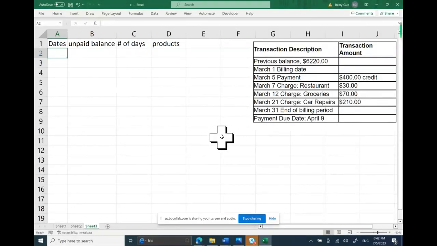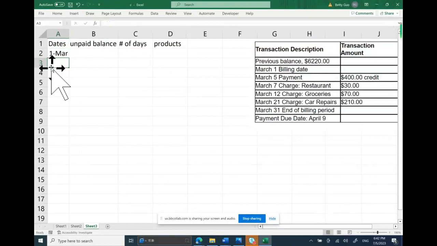We start from the first day of this billing cycle. This is March, so the first day is March 1st. Then we enter all the dates on which we have transactions: March 5th, March 7th, March 12th, March 21, and include the last day of the billing cycle.